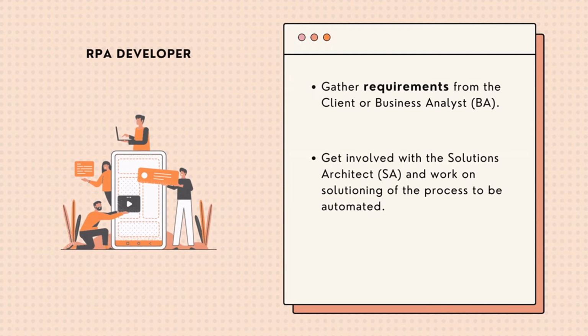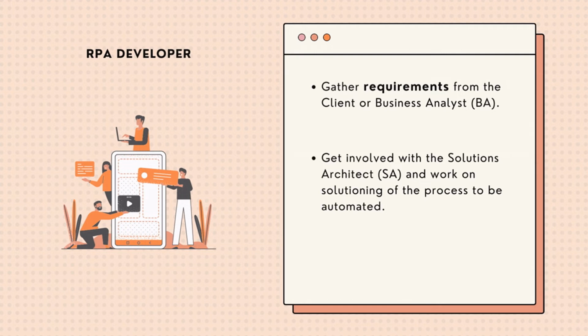If there is a team of RPA developers working, all are present in the call where the requirement gathering is done. Once the RPA developer is done with all the requirements, he gets involved with the solutions architect and works on solutioning the process.